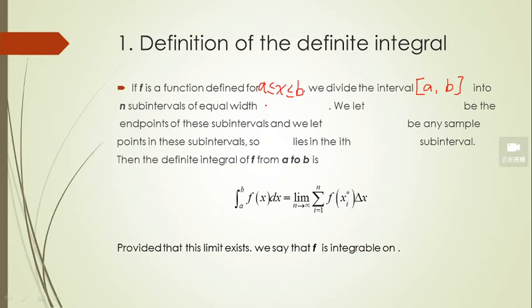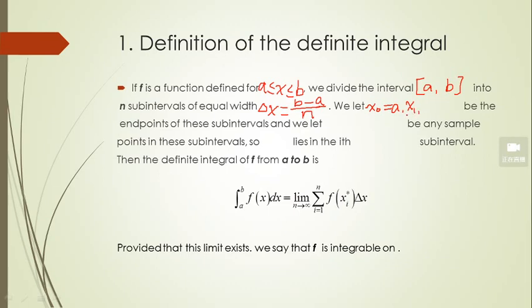Now what is the equal width? How can we find the equal width? It's delta x we called, right? Delta x equals b minus a over n. And then we let all those endpoints, what are those endpoints? We let x0 equal a, and then x1.